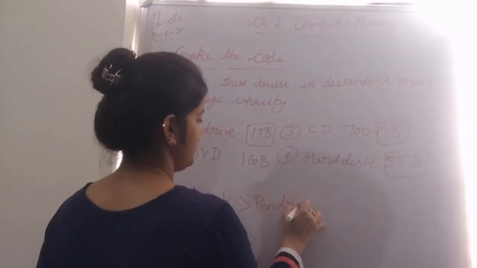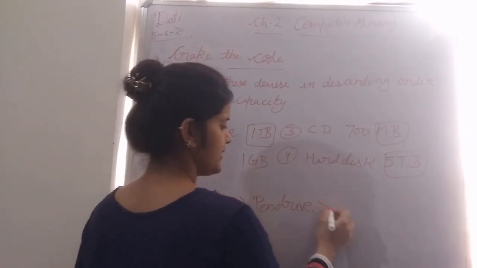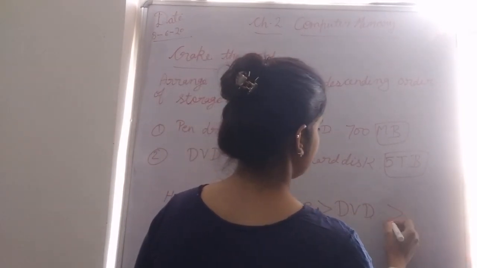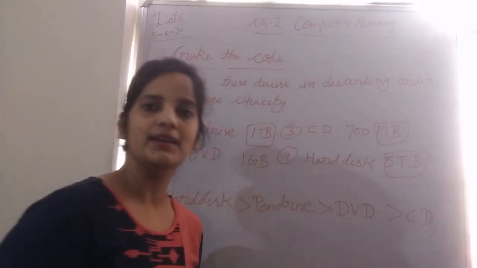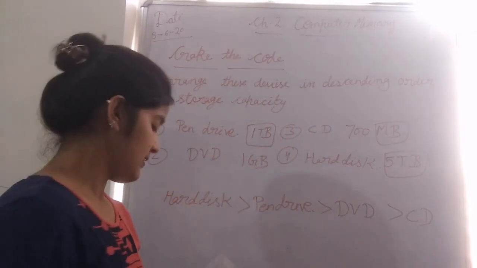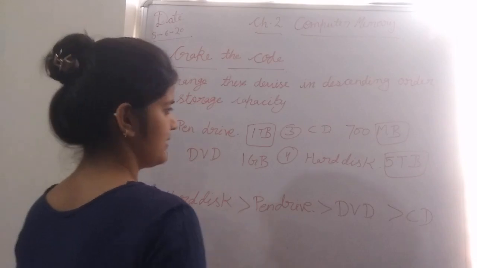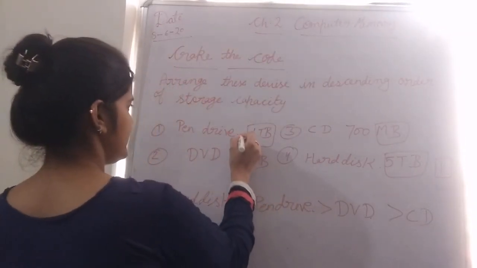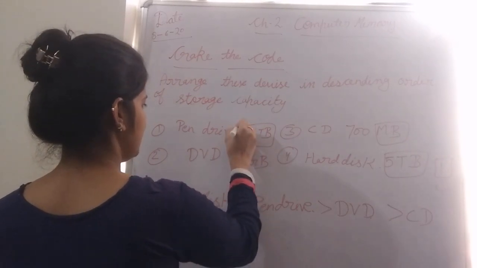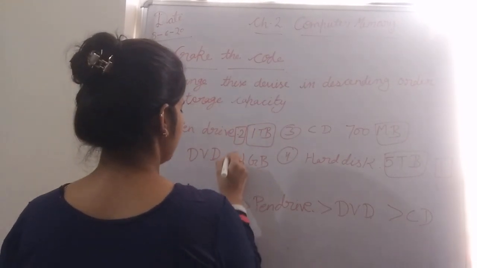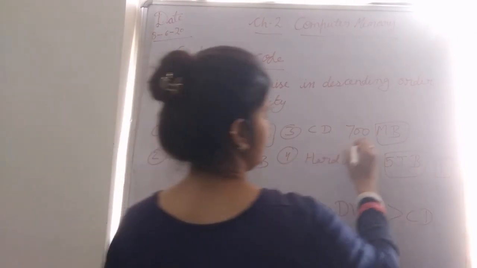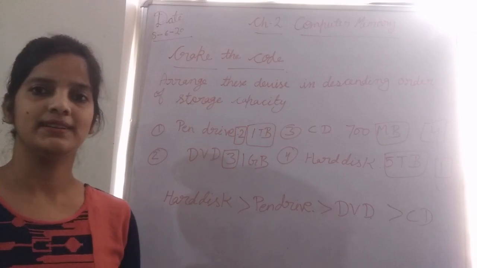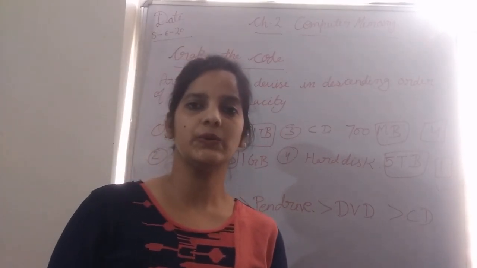After pen drive there is DVD, and after DVD there is CD. Okay, so label them. So this is the first one, then this is the second one, DVD is the third one, and CD is the fourth one. Okay student, I think it is clear to you.